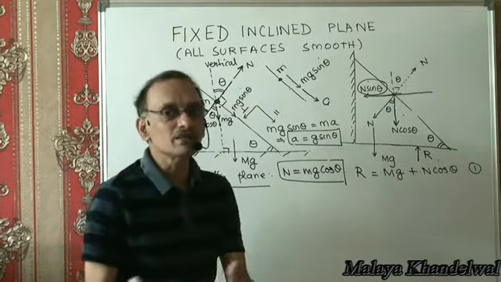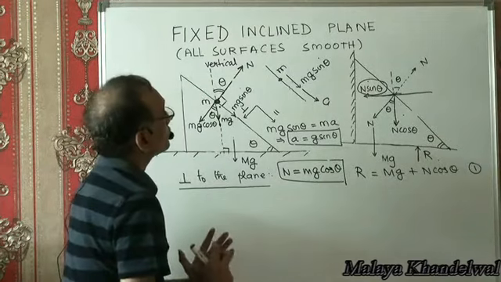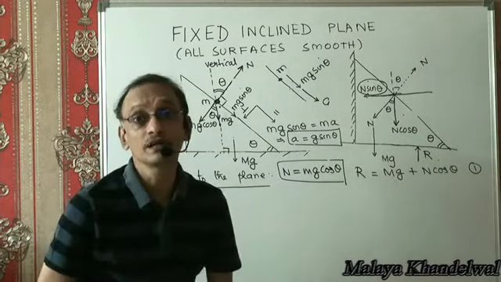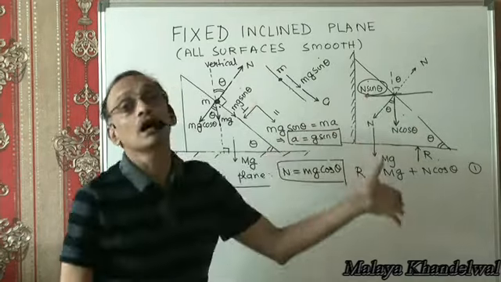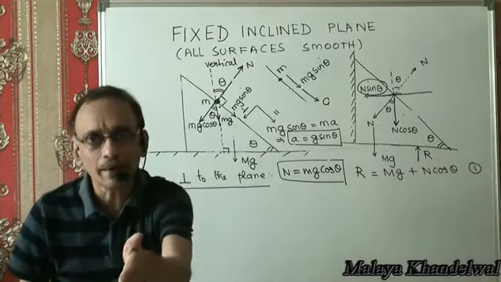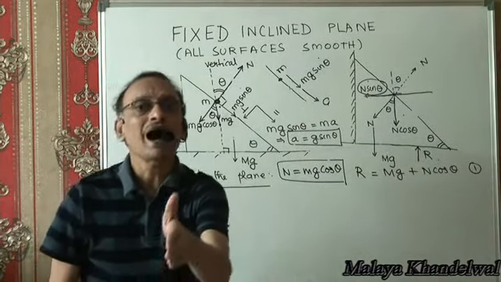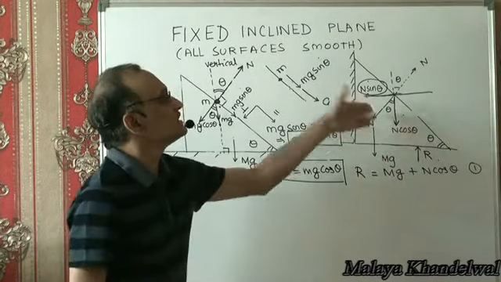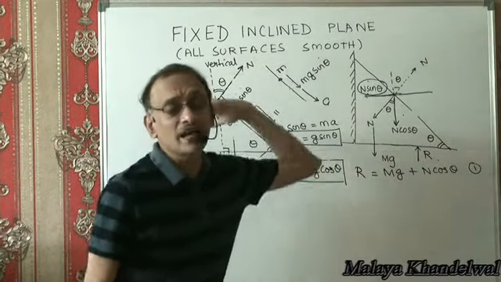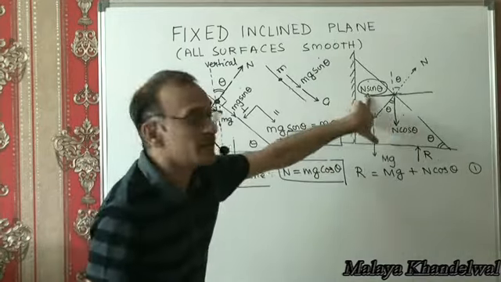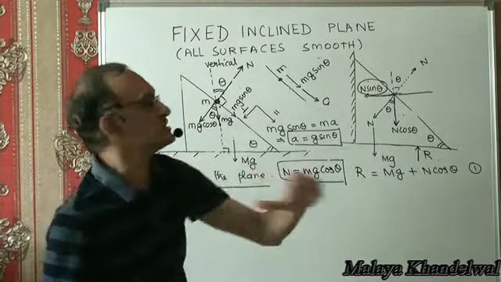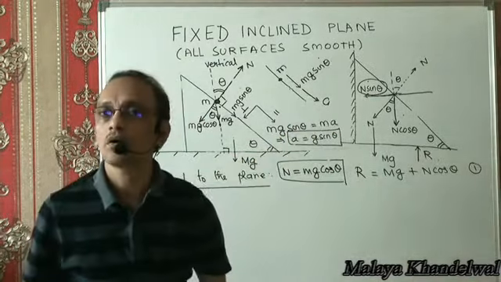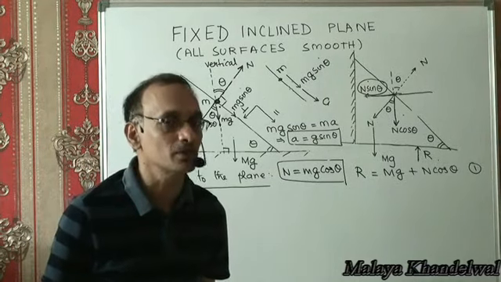What I'm going to next migrate to is I'm going to bear with the consequences of n sin theta not being balanced. That means I'm going to look at how n sin theta causes this to accelerate, and if n sin theta is left free to accelerate this, what would be the acceleration developed by the inclined plane on capital M? This is what I'm going to explore next, right?